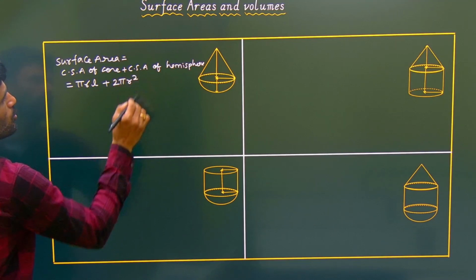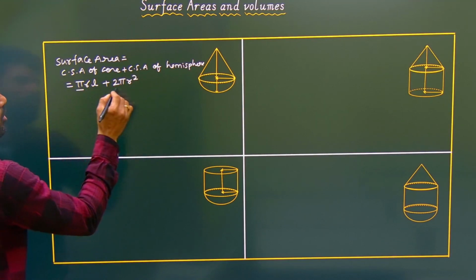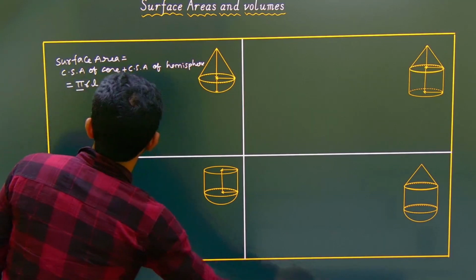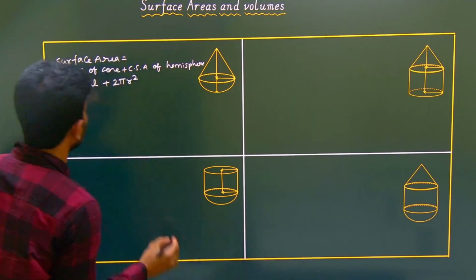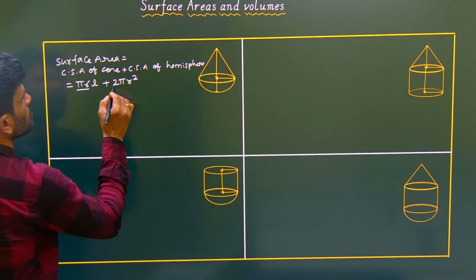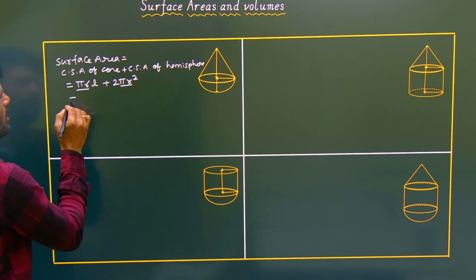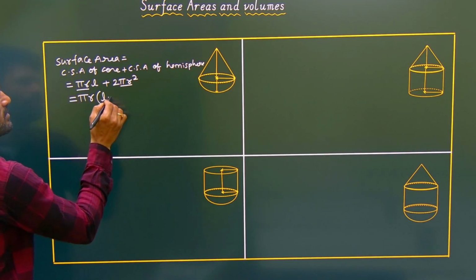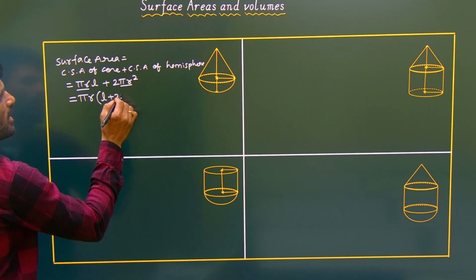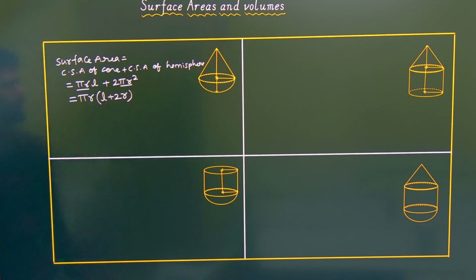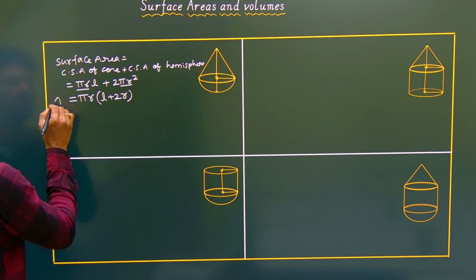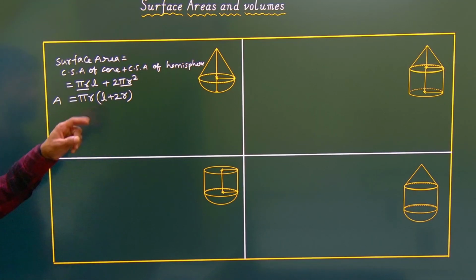So in these two you can observe pi is common and also r is common. So you can take pi r common. If you take pi r common, we will be having pi r into L plus, here 2 will be left and r will be left. So pi r into L plus 2r square units. This is what? Total surface area of that solid or surface area of that solid.